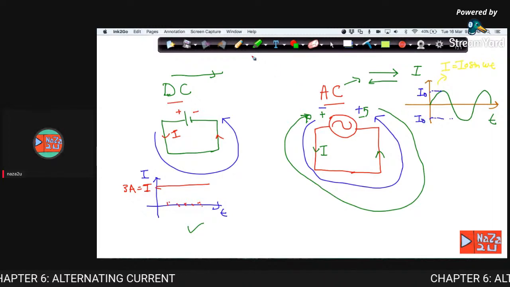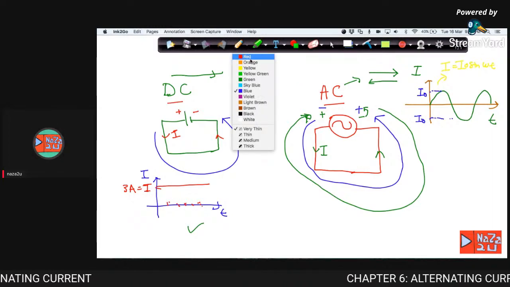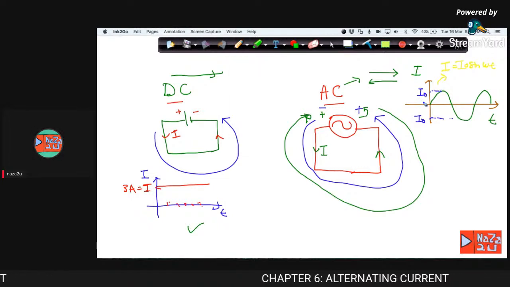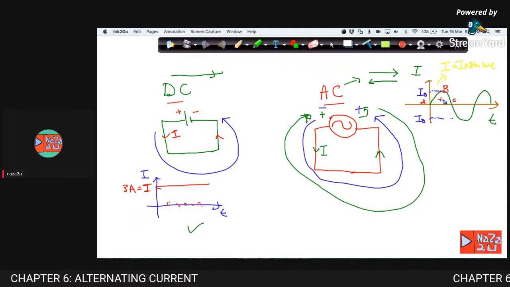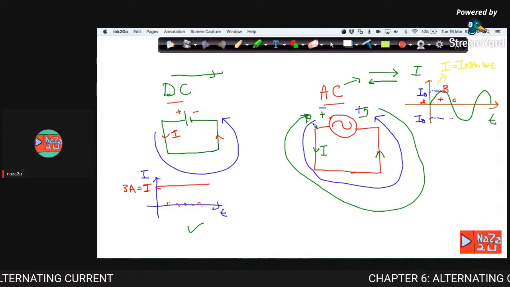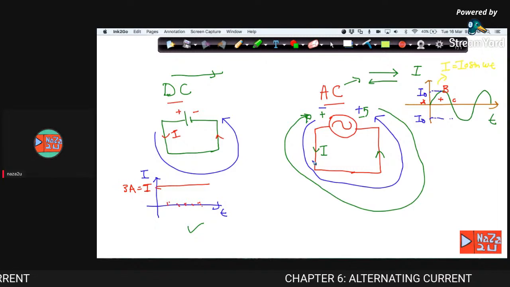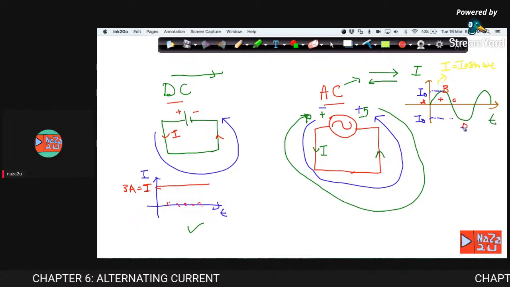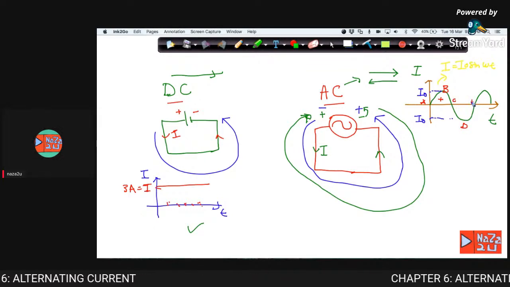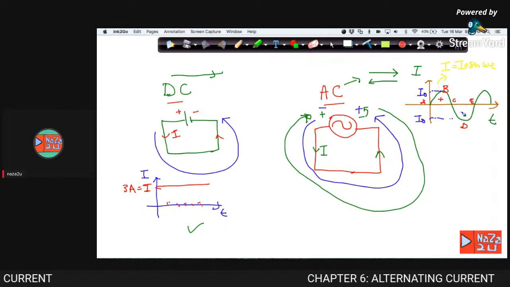So the first cycle is referred to the let's say from A to B to C here. Ini merujuk pada positive area, maksudnya yang warna biru ni, from positive to negative. And the second cycle is C, D, E. So this is a negative area.